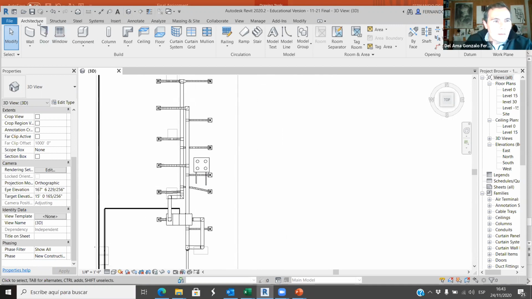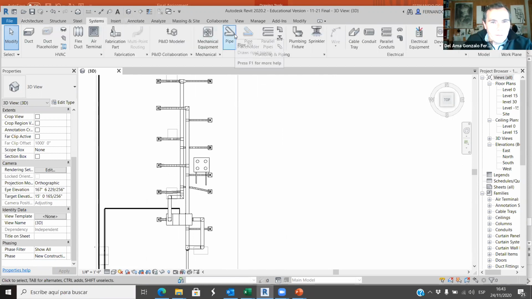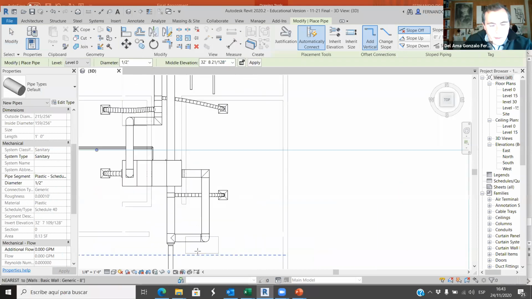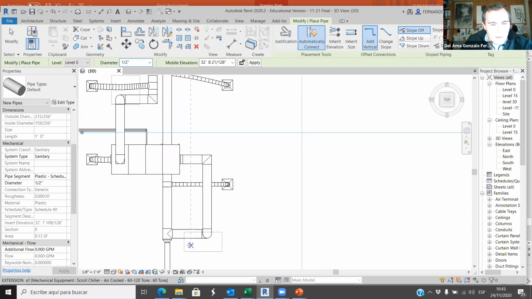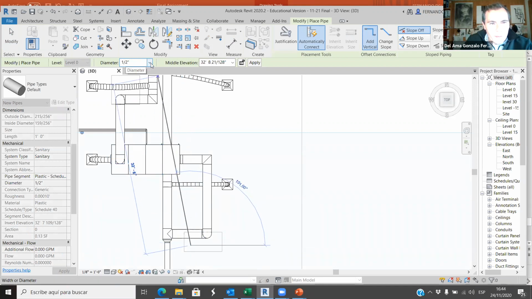Okay, so let's start with systems, pipe, and where am I? The elevation is 32. So I can start here. And then the diameter is not half.